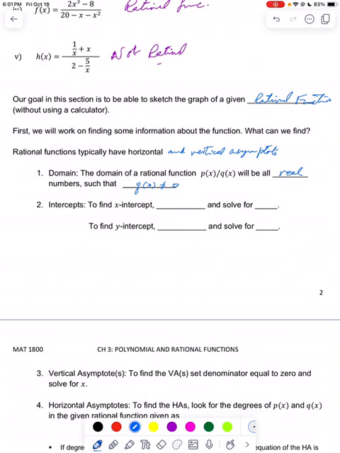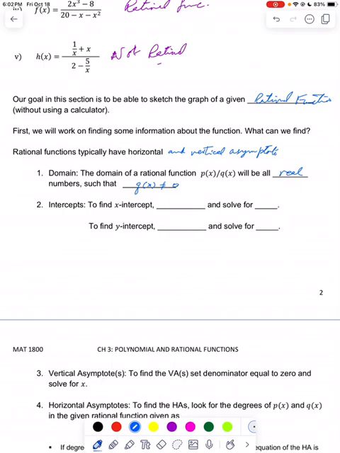Remember, no matter what function it is, whether it's a polynomial, a rational function, a radical function, an absolute value function, an exponential function that we will look at in the next chapter, logarithmic functions, or trig functions, always to find the x-intercept, you set y equal to 0 and solve for x.